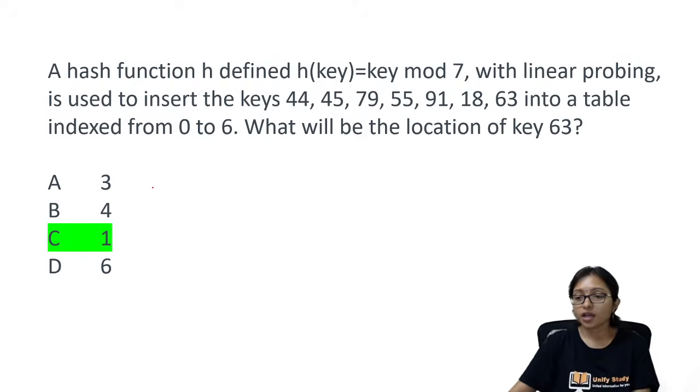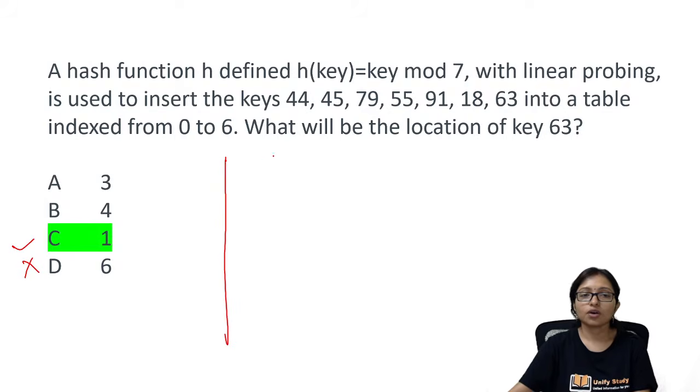Some students are giving answer D, but D is the wrong answer. C is the correct answer here. Many of you are giving answer D, but D is wrong. C is the correct answer. Those who are telling D, they are wrong. How to do it?